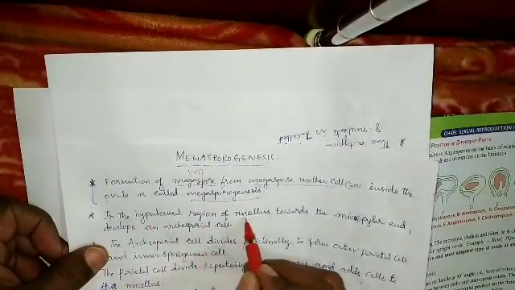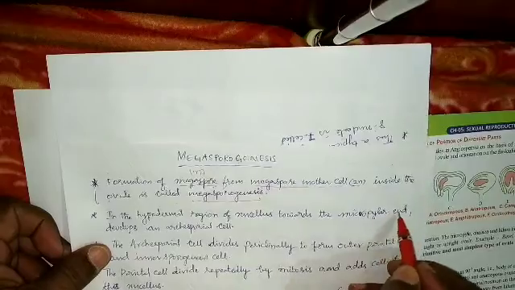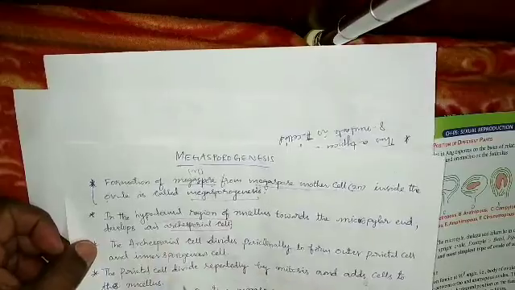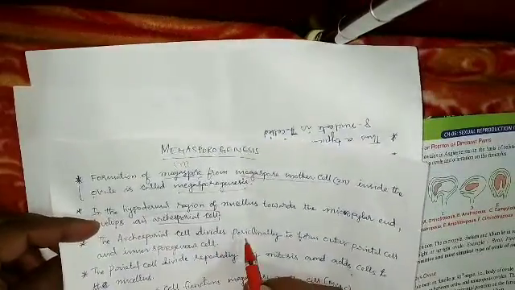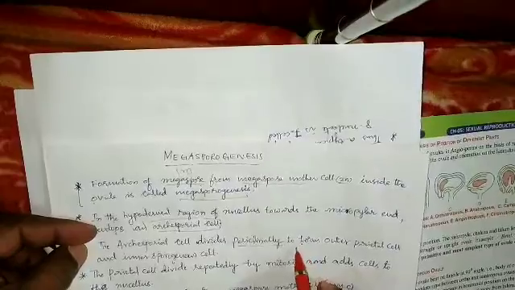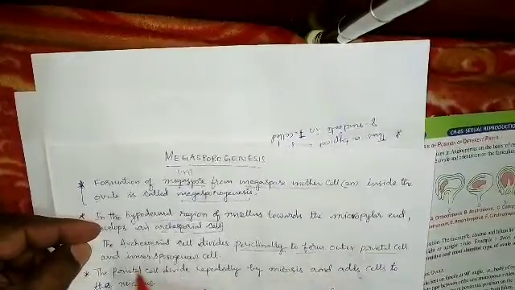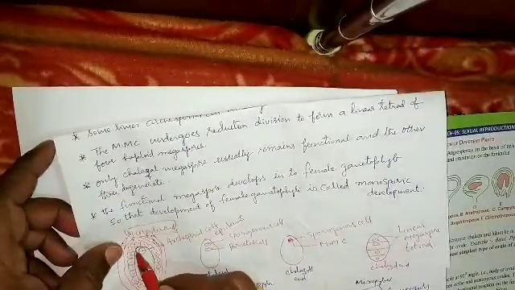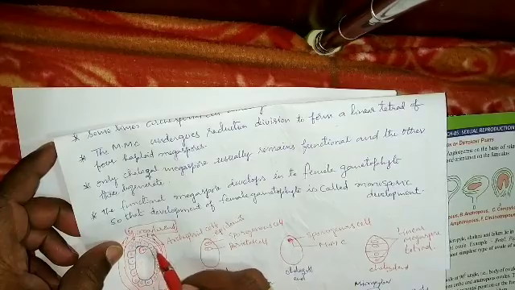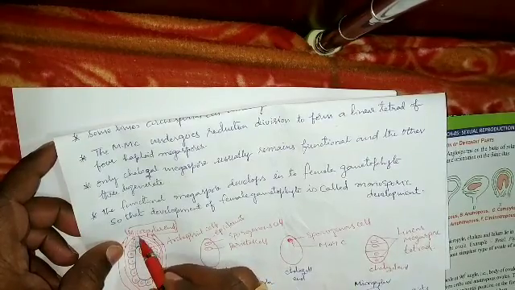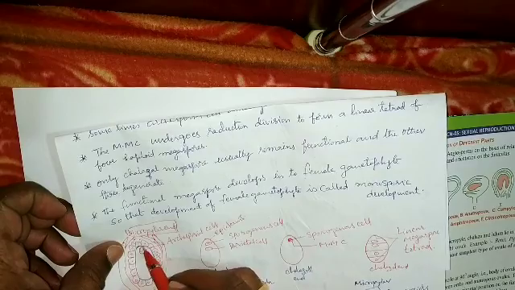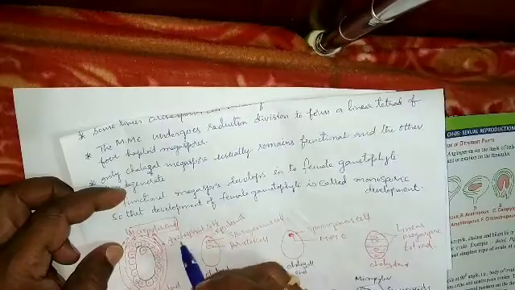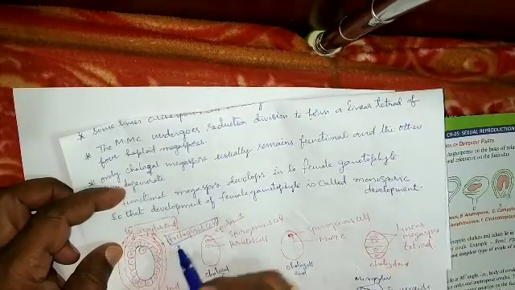In the hypodermal region of the nucellus towards the micropylar end, an archesporial cell develops. This archesporial cell divides periclinally to form an outer parietal cell and an inner sporogenous cell.